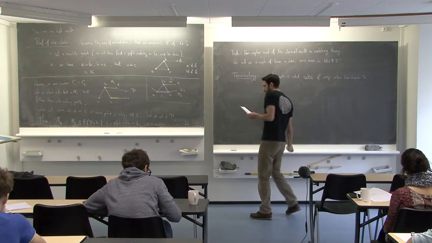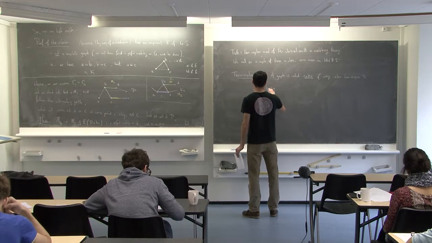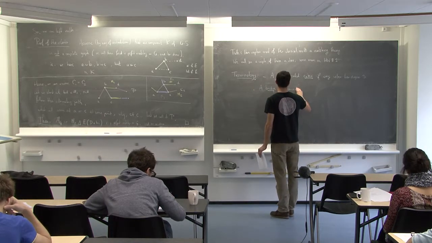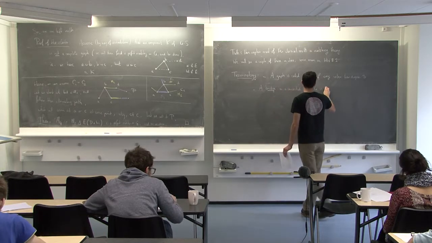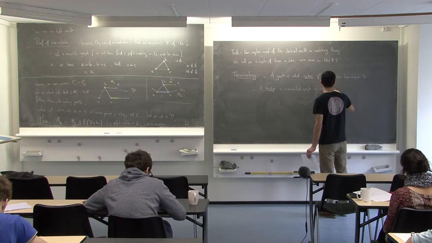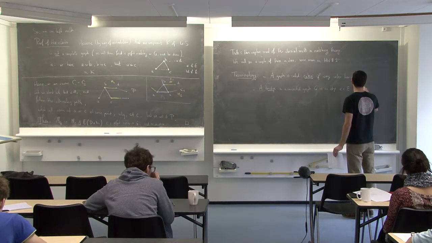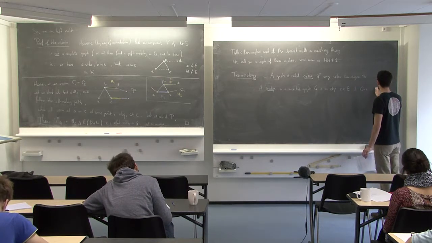And a bridge in a connected graph G is an edge e such that G without e is not connected, is disconnected.